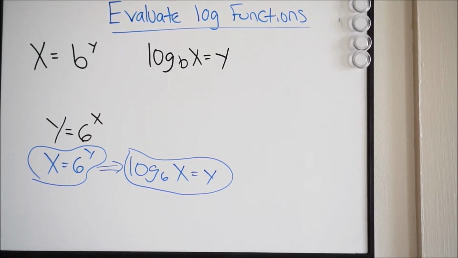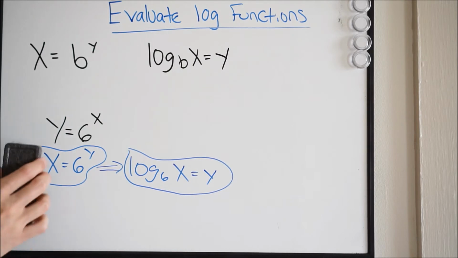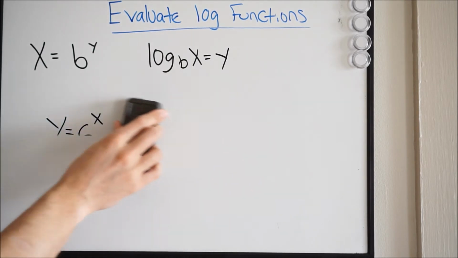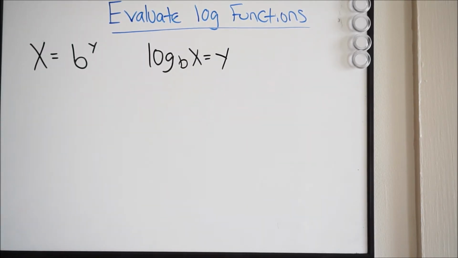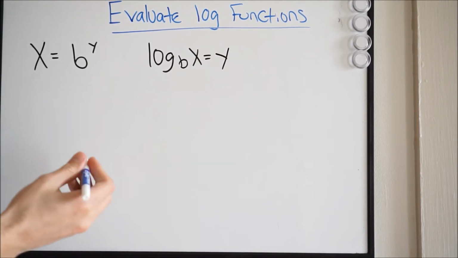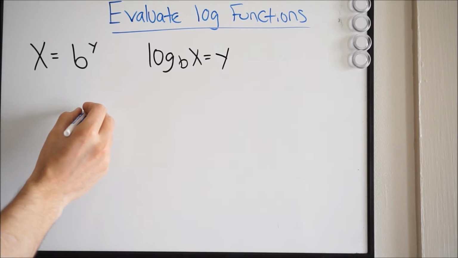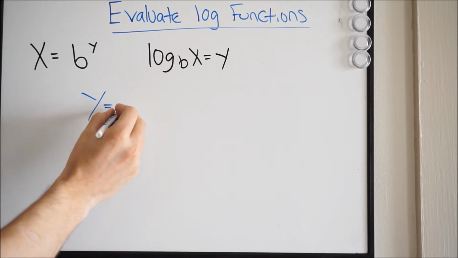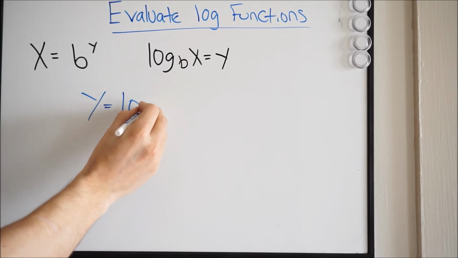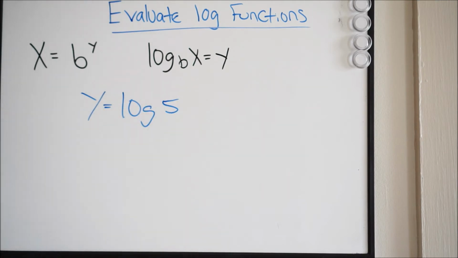Okay, so let's go on to evaluating log functions now. Before I get into this, I just want to clarify one thing. If we had a log function such as y equals log of 5, notice here that I'm missing a base.